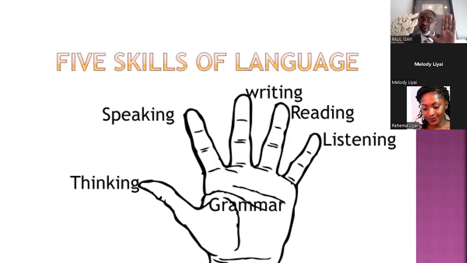And then these 4 are not enough. You cannot use these 4 when you don't have a thumb; you cannot hold anything using these 4 fingers. Then the 5th finger represents thinking. When you fold your hand like that, you can see this one strengthens these 4 to make it strong. So the thumb represents thinking.